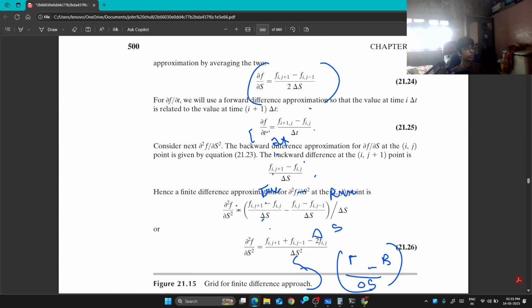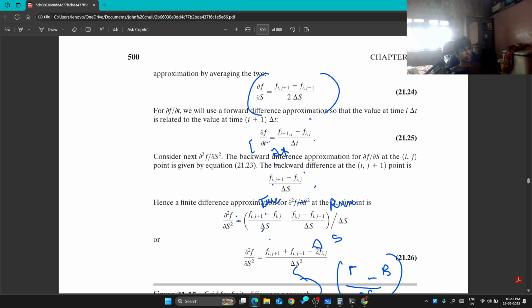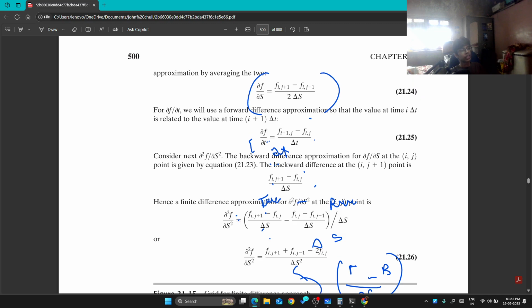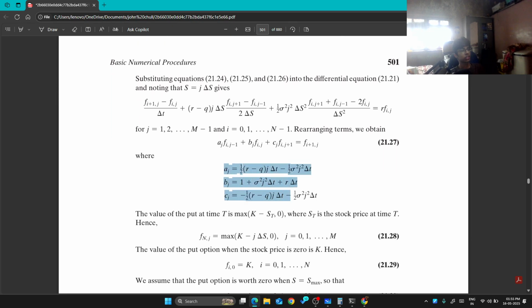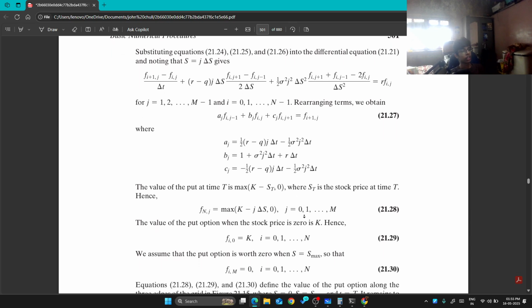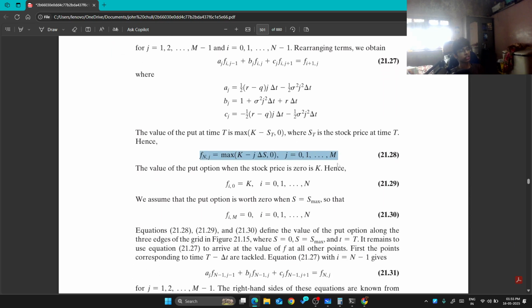Okay, let me explain. So we have all the values of the second order derivative term with respect to time, with respect to s. We have this formula, right? Then we put this formula in our equation form, and it gives us the coefficient value of each, and this is the implicit method, and this is a boundary condition.